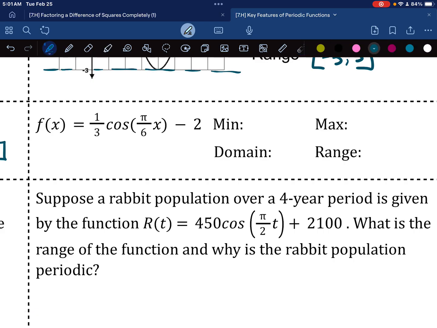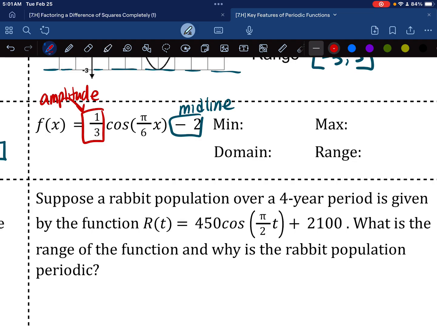So my midline, oh gross, this amplitude is a 1/3. Miss Caswell doesn't like adding fractions. That's gross. Oops. It's going to move down by 2 units.